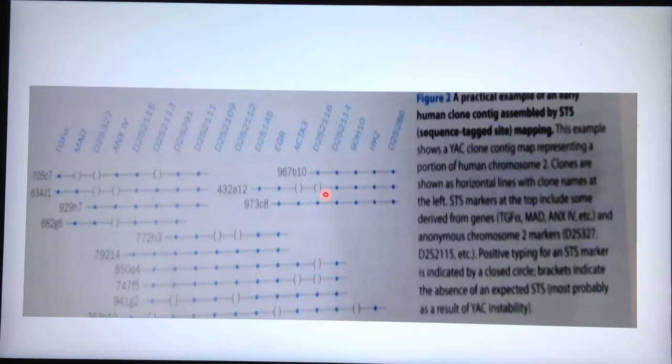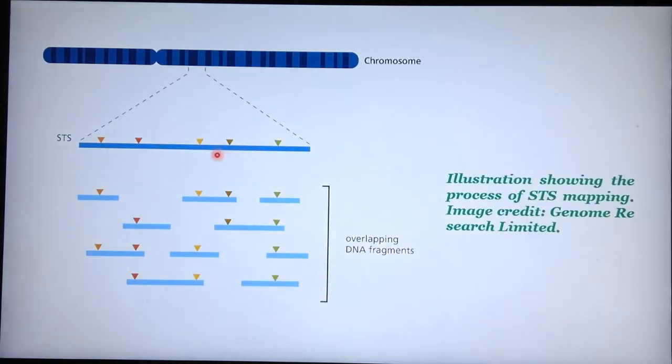were bacterial artificial chromosomes, and they were also mapped with a panel of radiation hybrids for coming up to the final data. So, this again shows the process of STS mapping. One by one, STSs are mapped for overlapping DNA fragments to generate clone contig mapping.